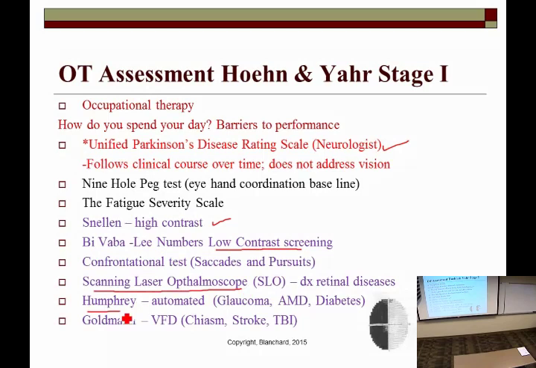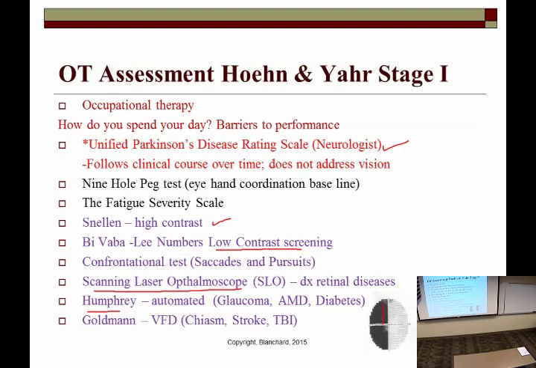Most of you have taken that assessment. You sit there with a little button, yep, you press it when you see something in the peripheral. And that's what we want to do with clients who have Parkinson's disease. We want to see, did they have a visual field change, are their eyes moving, and is it going to show up? Here is just a visual field deficit for a client using the Humphrey.